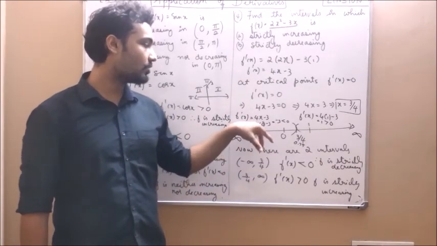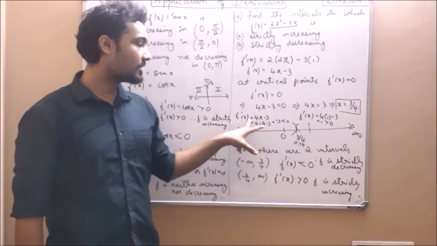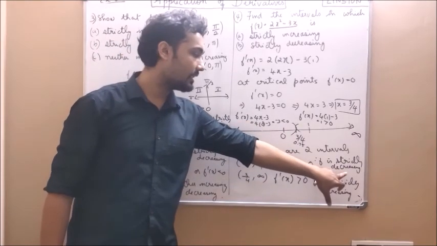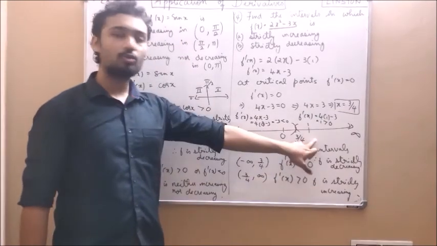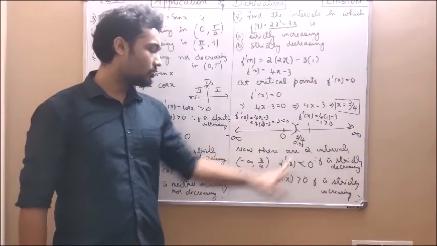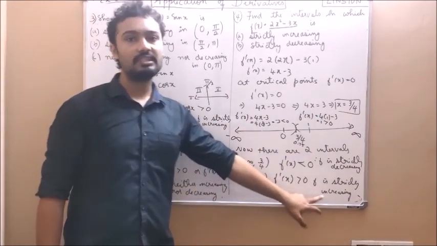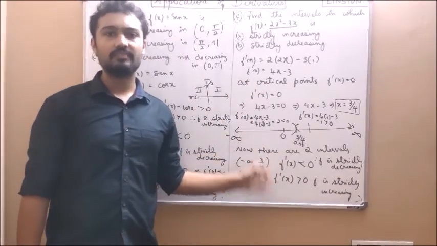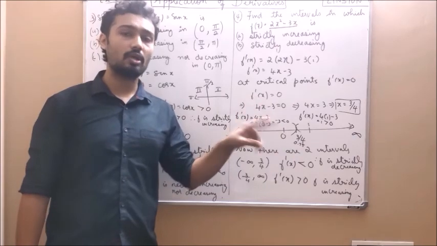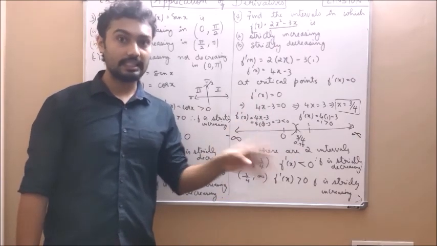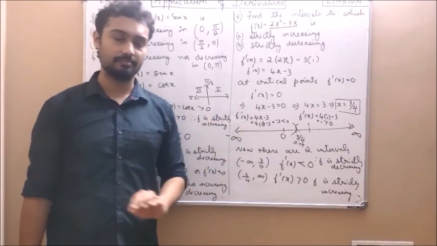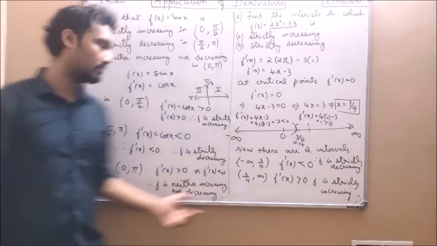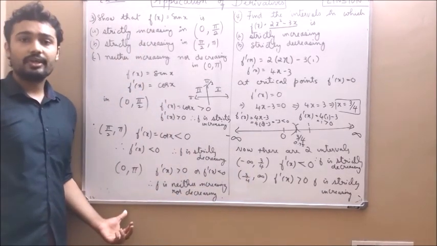We took the point 0 here, substituted, and got f dash of x less than 0, therefore f is strictly decreasing. On this side we took one point, any point, and f dash of x was positive, so f is strictly increasing. So depending on the value of f dash of x, greater than 0 or less than 0, f is either strictly increasing or strictly decreasing. So this is the answer. Hope you understood. Pause the video and take note.